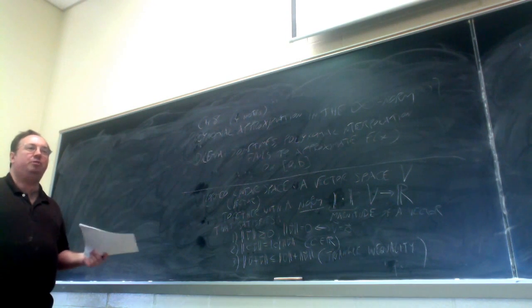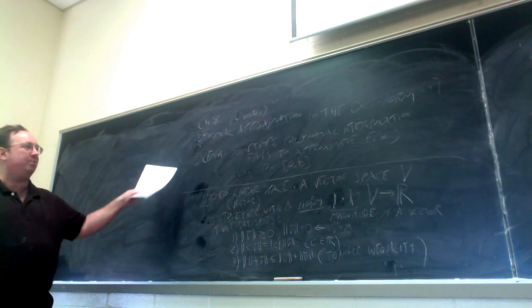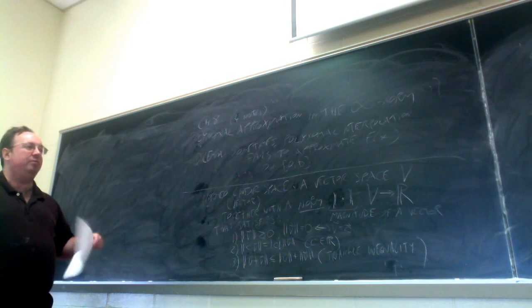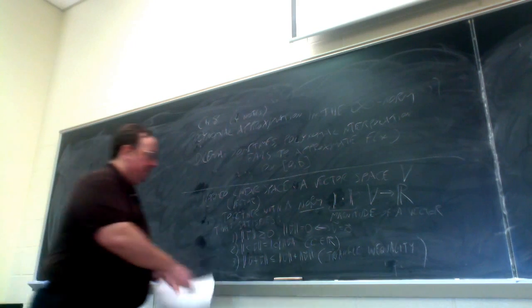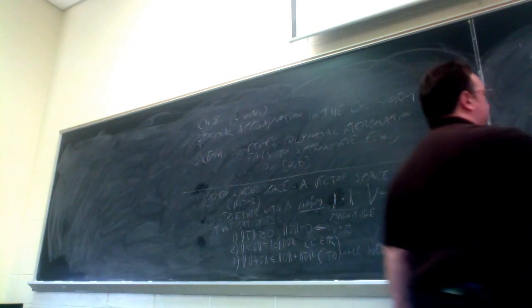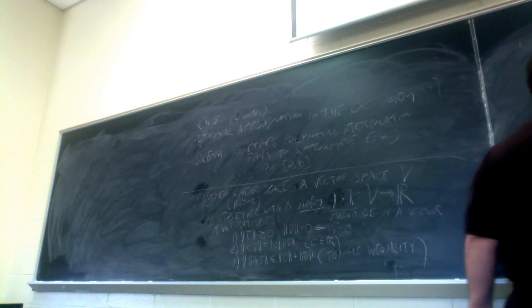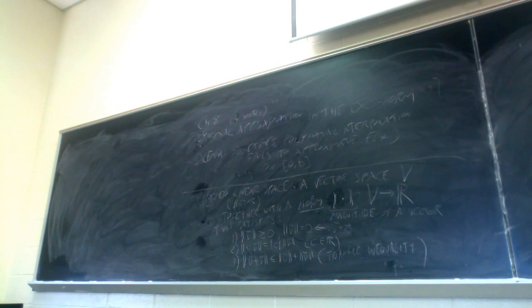Okay. Now, there are many norms, but there are two norms in particular that we're going to focus on. One for this chapter, chapter 8, and then one for chapter 9. But I'll introduce both of them. The concept of a norm can be used for any vector space, whatever kind of vectors you have.